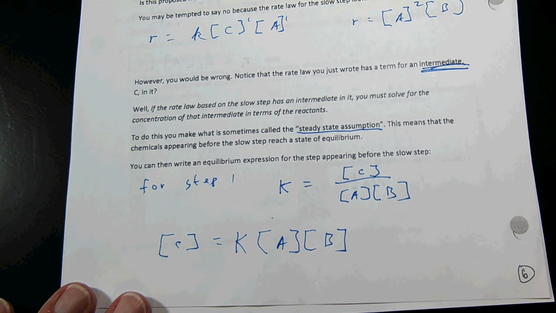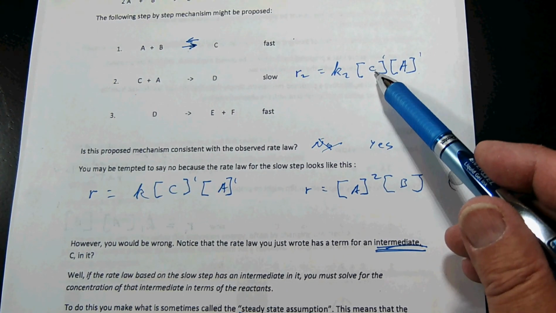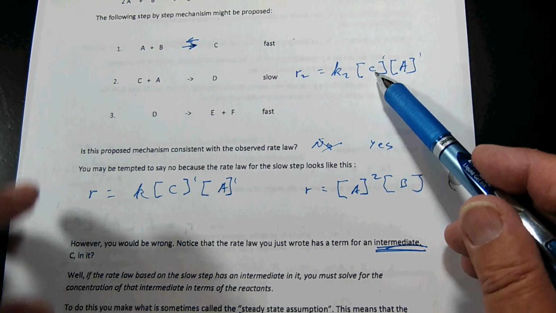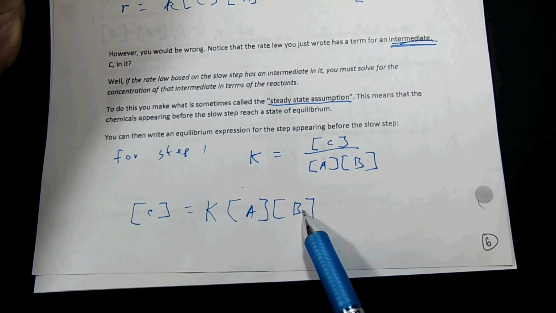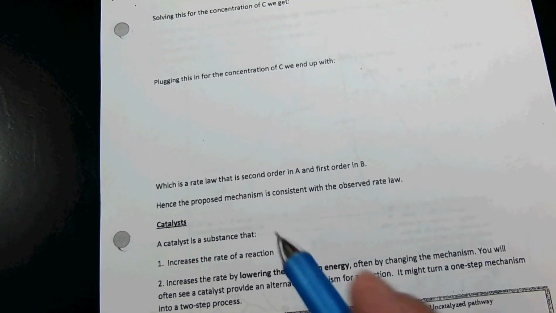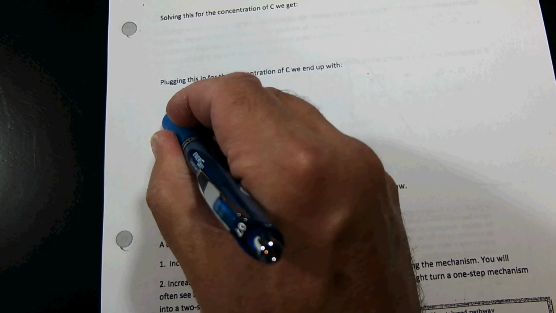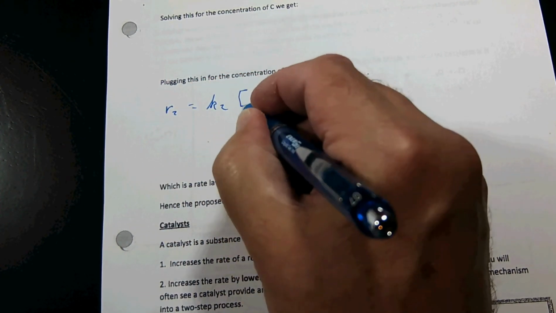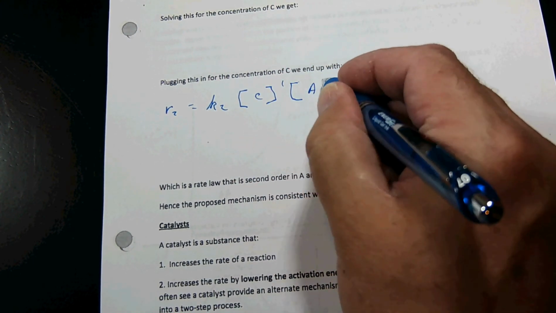So, if I express C, the concentration of C, as this times this times this, if I simply replace C with that, see, we got our rate law from the mechanism, rate 2 equals K2 times C to the first power, A to the first power.